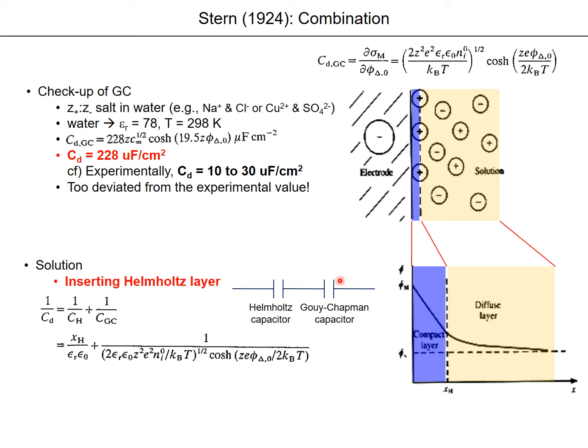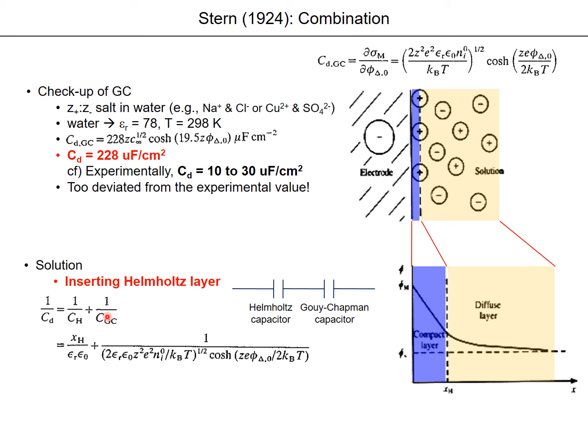Then let me check the overall capacitance based on those two capacitances in series. 1 over the overall capacitance of the double layer is equal to 1 over the Helmholtz capacitance plus 1 over the Gouy-Chapman capacitance, based on reciprocal summation.